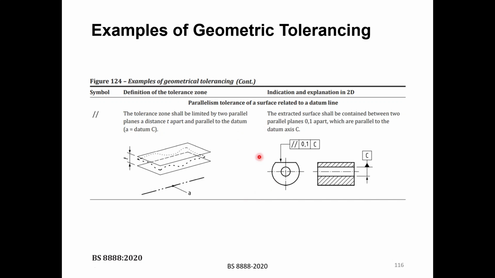So the parallelism tolerance of a surface related to a datum line. In this case, it says this surface is parallel to datum C. Datum C here is the median line for this dimension, and it should be within 0.1.